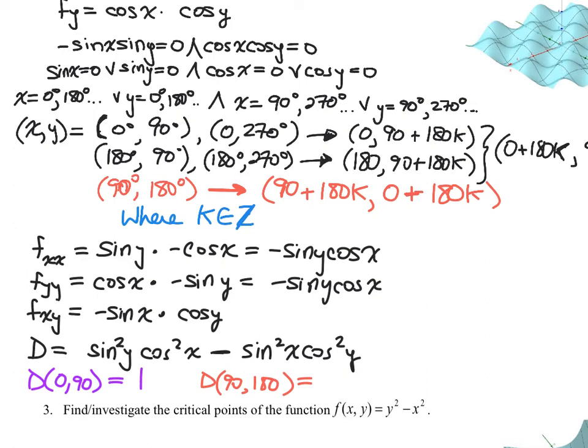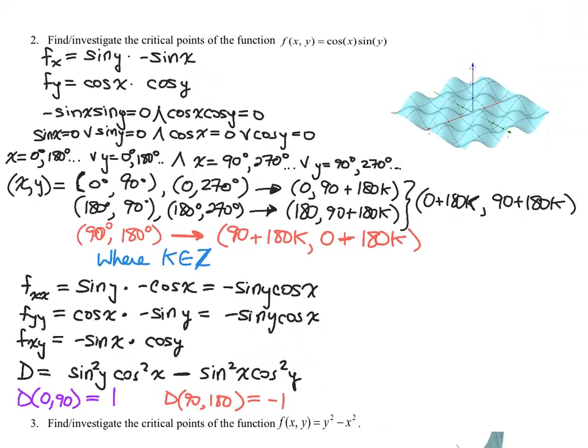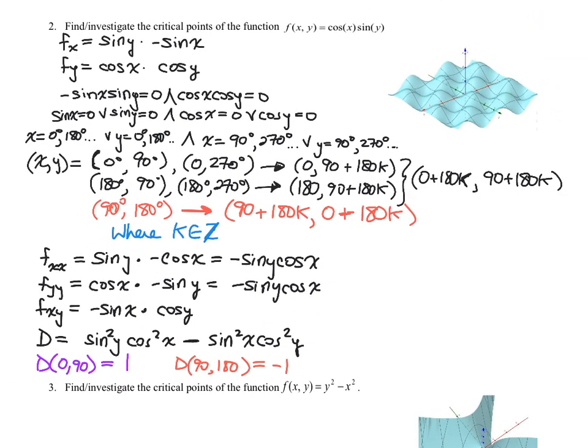But if I plug in the 90 for x here, it's going to become a 1. Plug in the 180 for y, it's going to become a negative 1 squared, which is a positive 1. So this whole thing becomes a negative 1. That's the long and short of it. But all those pregnant pauses there were for the purpose of me not screwing this up by accidentally transposing what goes in for x and what goes in for y.